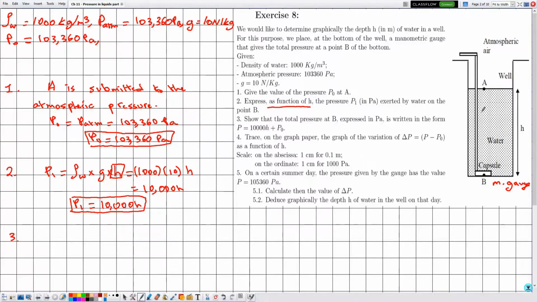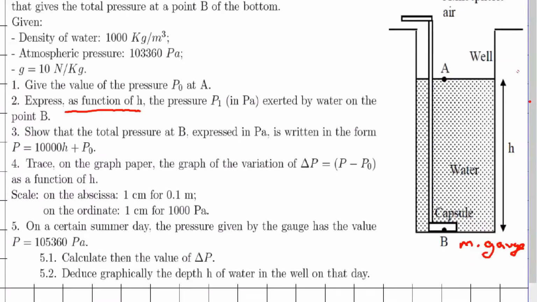And now in number 3, show that the total pressure at B, expressed in Pascal, so in the SI, is written in the form of P is equal to 10,000 H plus P0. So we are interested in the total pressure at the point B. Notice that, since we are interested in the pressure, we consider this point and we look upward. So the point B is submitted to two pressures, the pressure due to this liquid which is water, and the atmospheric pressure.